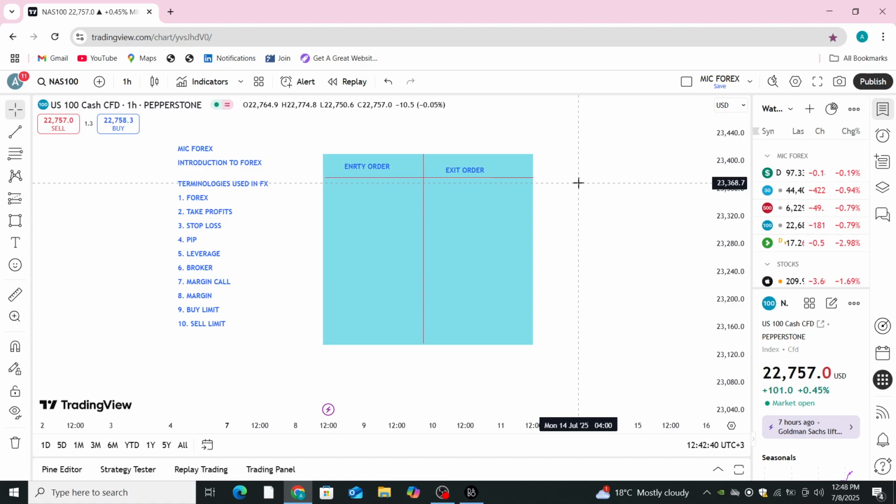If you click on trade, you'll see market execution. Especially for MT5, it opens market execution, buy limit, sell limit, buy stop, sell stop, buy stop limit, and sell stop limit.